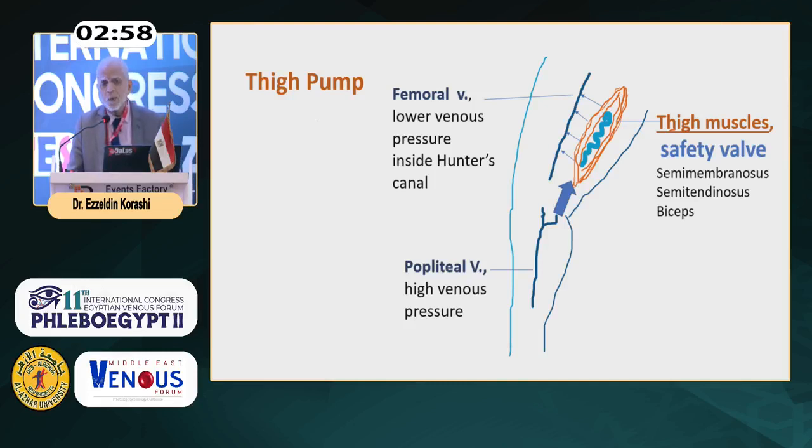There are controversies about the relative importance of this. Is it important or not? It is important, but sometimes so many people have osteoarthritis of the knee, some weakness of this group of muscles, and may not contribute much, but hemodynamically it's proved that they contribute to lessen the pressure in the femoral vein.